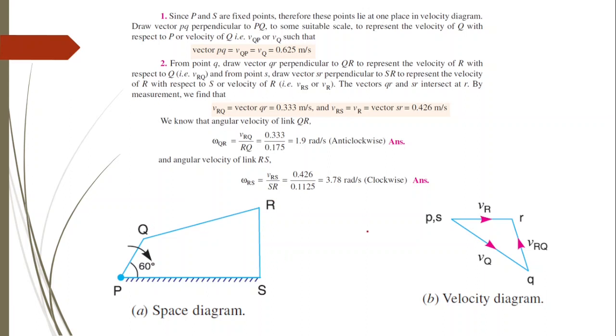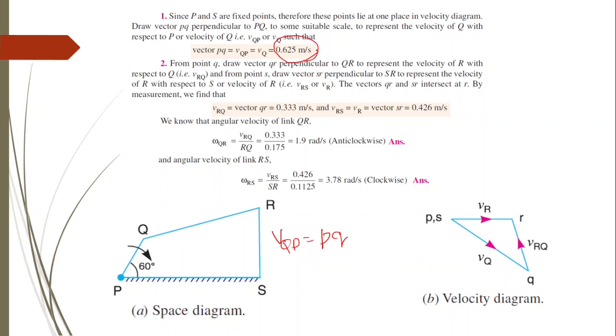Before coming to the velocity diagram, we must choose a convenient scale. Velocity of Q with respect to P is already found out, and it must be represented by vector pq in this velocity diagram. Vector pq must be equal to 0.625 meter per second.